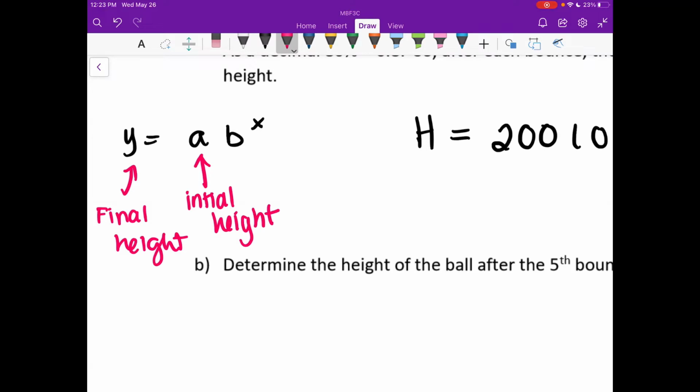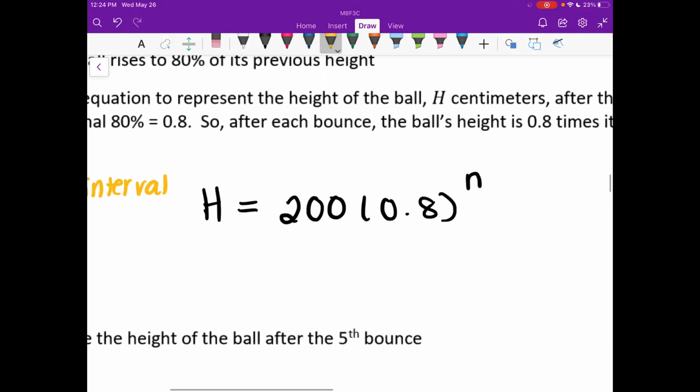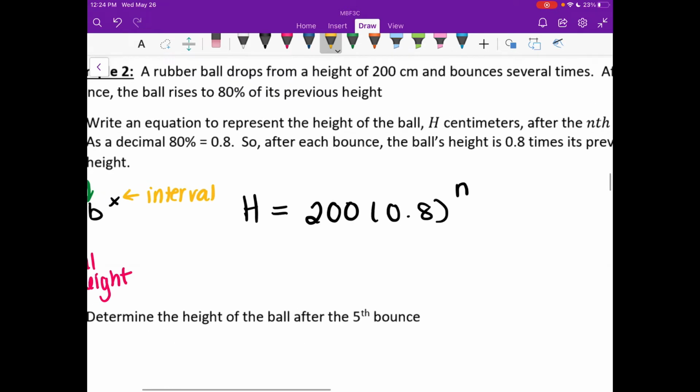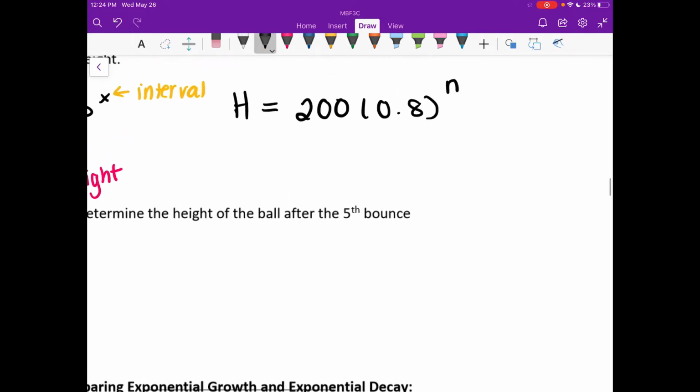Then we have our initial height, and then we're going to look for our growth factor, which in this case was 0.8. And then this was our interval, or our period, which in this case was the number of bounces that impacted the height. Okay? That's what our equation looks like, and how I figured out our equation.